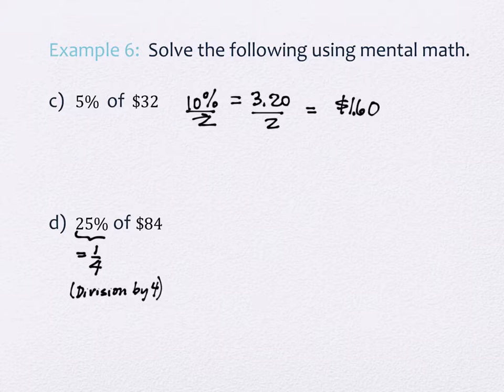So I have my 84, and instead of finding 10% and 10% and 5% and adding it together, I just need to divide by 4. What is 84 divided by 4? What is it? 21. Yep, 21.